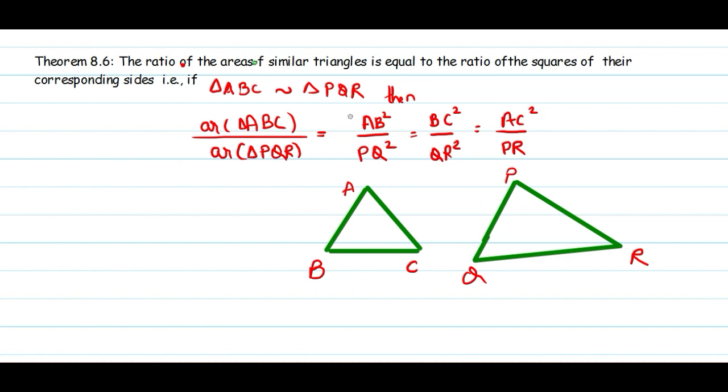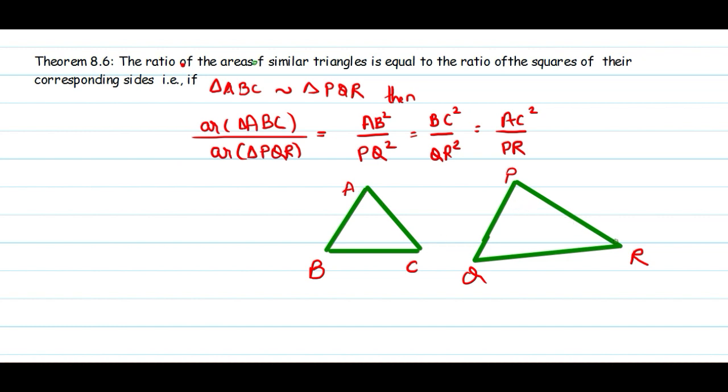That is, the ratio of the squares of the corresponding sides. Then suppose the corresponding side of BC is QR, then BC square by QR square, and that will be equal to, suppose the corresponding side of AC is PR, AC square by PR square.